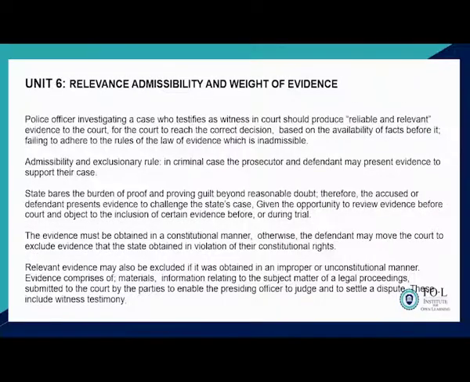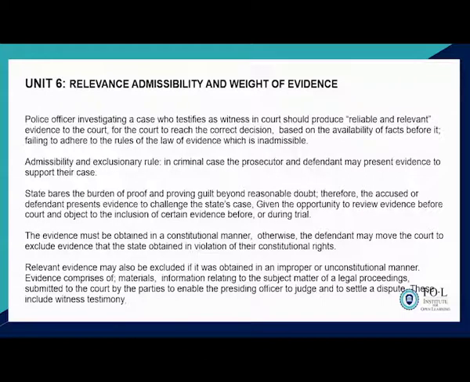Unit 6, Relevance, Admissibility, and Weight of Evidence. A police officer investigating a case who testifies as a witness in court should produce reliable and relevant evidence to the court, for the court to reach the correct decision based on the available facts before it. Failing to adhere to the rules of the law of evidence makes evidence inadmissible.